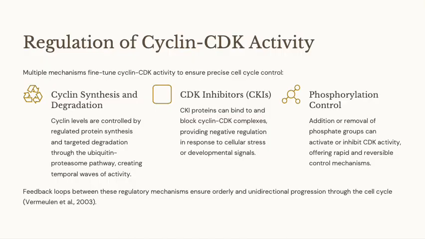CDK inhibitors can bind to cyclin CDK complexes and block their activity, particularly in response to cellular stress or DNA damage. Additionally, phosphorylation and dephosphorylation provide rapid control over CDK activity. Together, these mechanisms ensure orderly and unidirectional progression through the cell cycle.